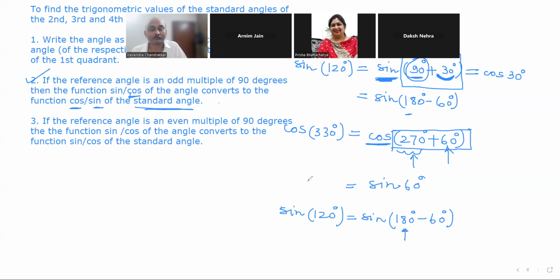Yes, sir. So simple है. Since it is even multiple, so sine will change to sine of 60 degree. That's it. Sine of this angle converts to this angle. Understood? Yes, sir.